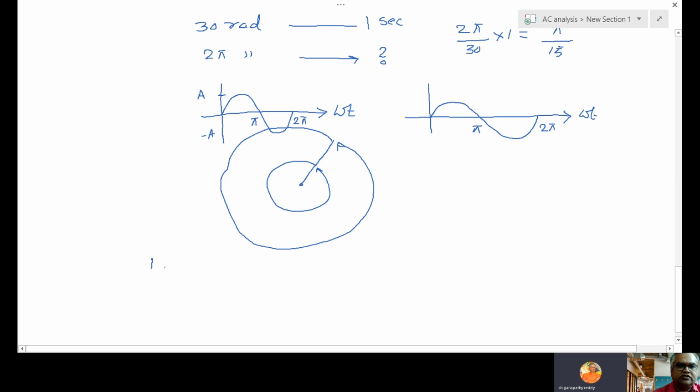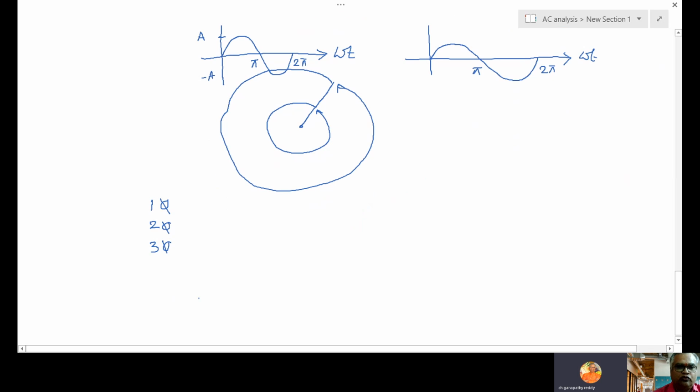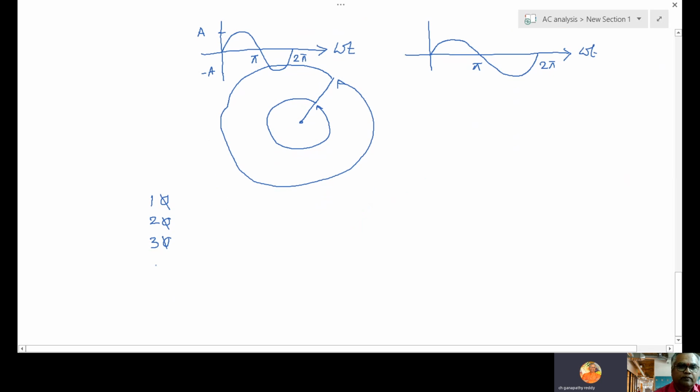We come across single phase system, two phase system, three phase system, four phase system, and so on, n phase system. Practically, only single phase and three phase are popular; two phase, four phase, all these are not popular.